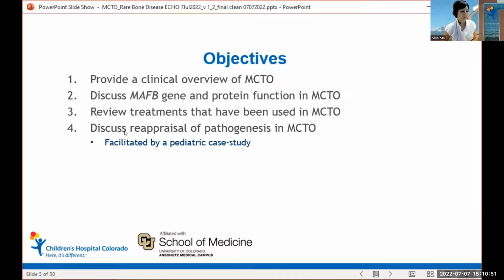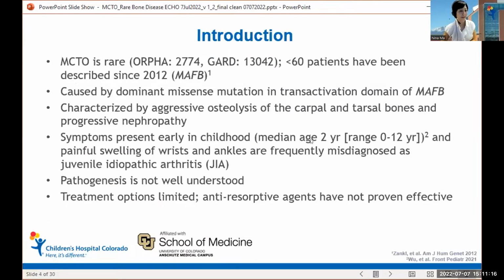And we'll round out the didactic portion of the talk discussing a reappraisal of the pathogenesis in this condition. Objective number 4 will be facilitated by the presentation of a pediatric case study after the conclusion of the didactic portion. So I encourage you to stick around for that case study presentation.